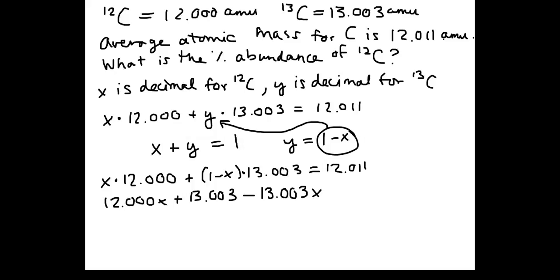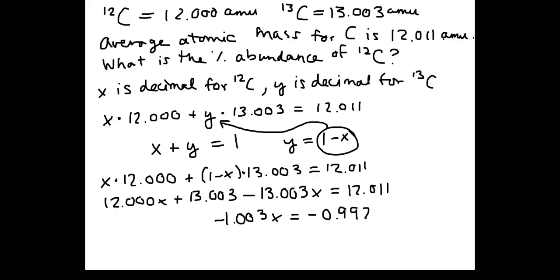because I just distributed that, equals 12.011. Now I'm going to try to get the x values and the non-x values on opposite sides. So here I'm going to combine these two x values, subtract 13.003 from 12, and then subtract 13.003 from both sides to get the non-x values on the right, which will give us negative 1.003x equals negative 0.992.